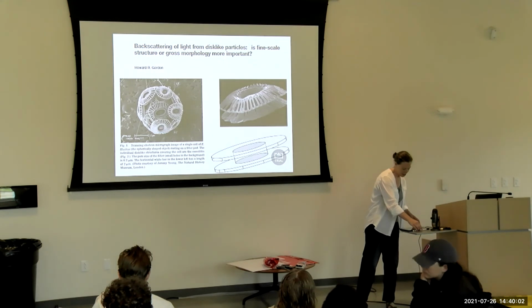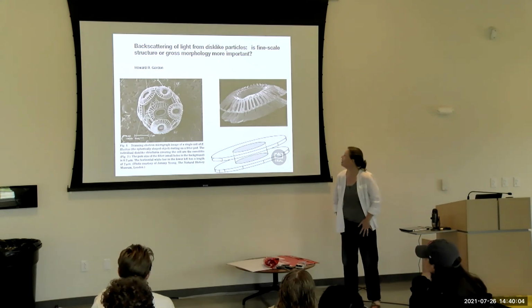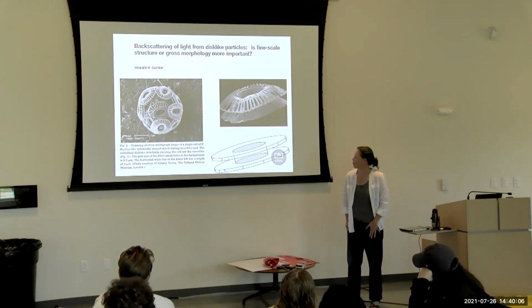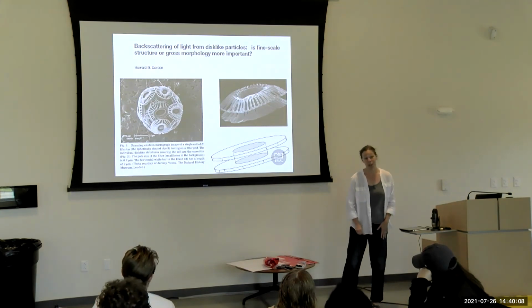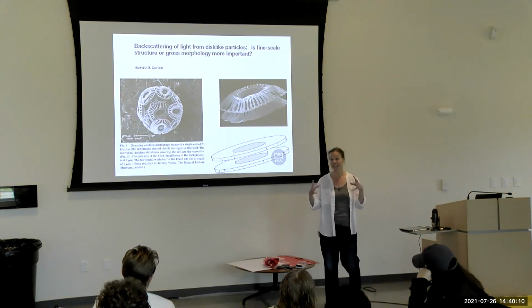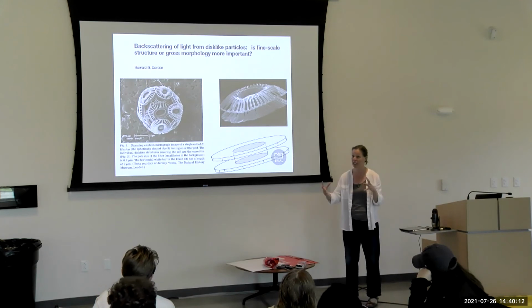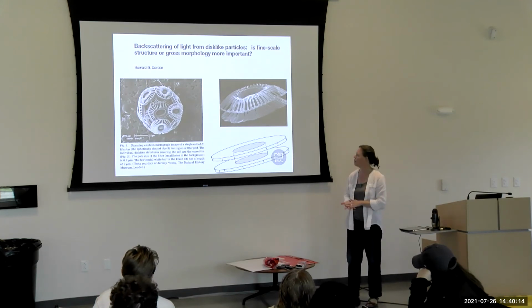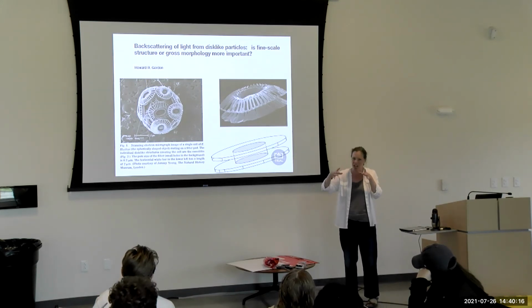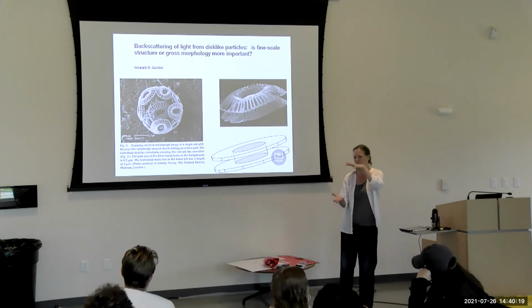This is another study that is using modeling of optical properties, in this case, geometric optics modeling, looking at just physical ray tracing, physical optics, on little models of coccolithophore parts, right?